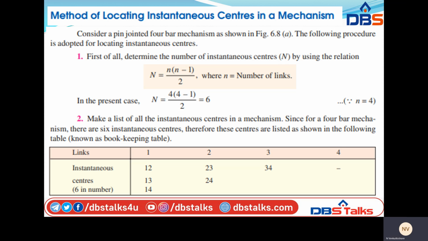Since for a 4-bar mechanism there are 6 centers, these centers are listed as below in a table. What is the number of links? 4 links, 1, 2, 3, 4, and the instantaneous centers are 6 in number. So for the respective positions, the table will be like this.